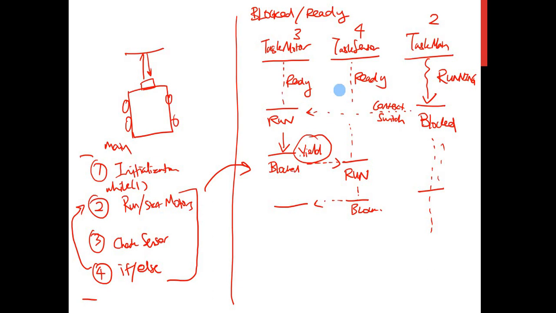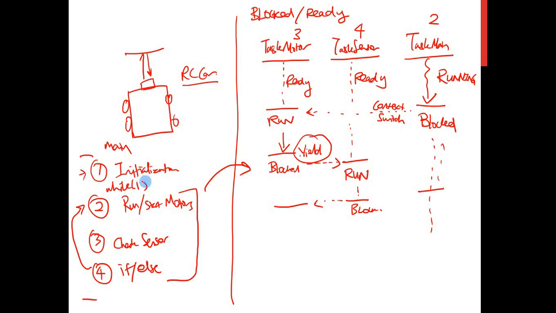This is an example of a remote control car. For example, an RC car that you're going to design and develop. If you think of this as a car, or an autonomous car, what will you do in a single threaded context? You will have initialization.